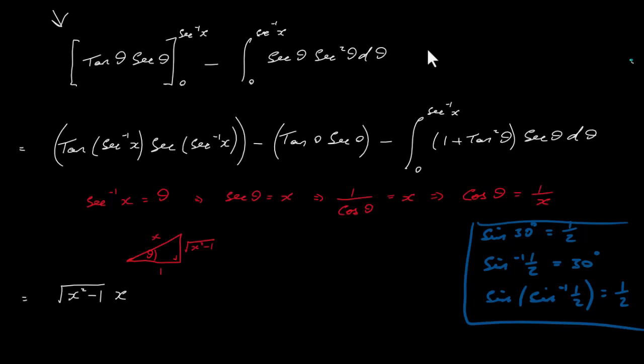So we also have the tan of 0. The tan of 0 is just 0, so all of this is just going to become 0. And then we have minus this integral here.